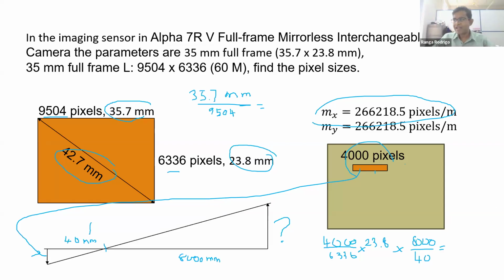You can do the calculation. 4,000 divided by 6,336 multiplied by 23.8, times 8,000 divided by 40.